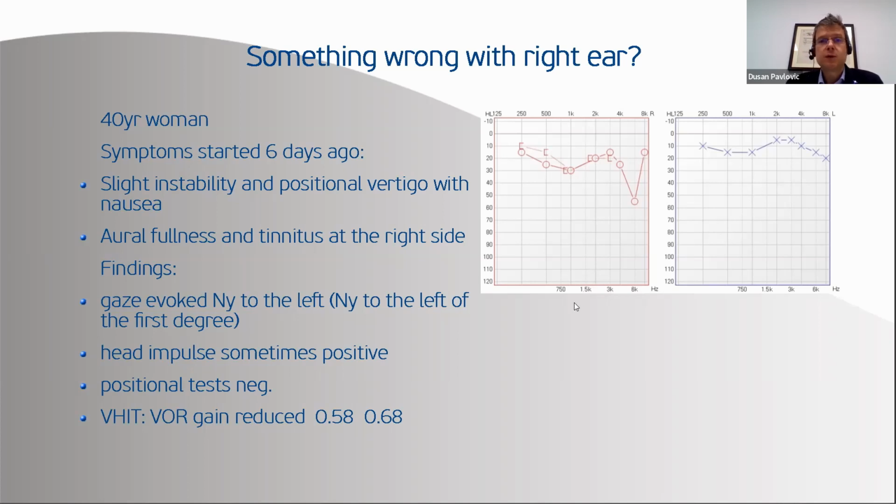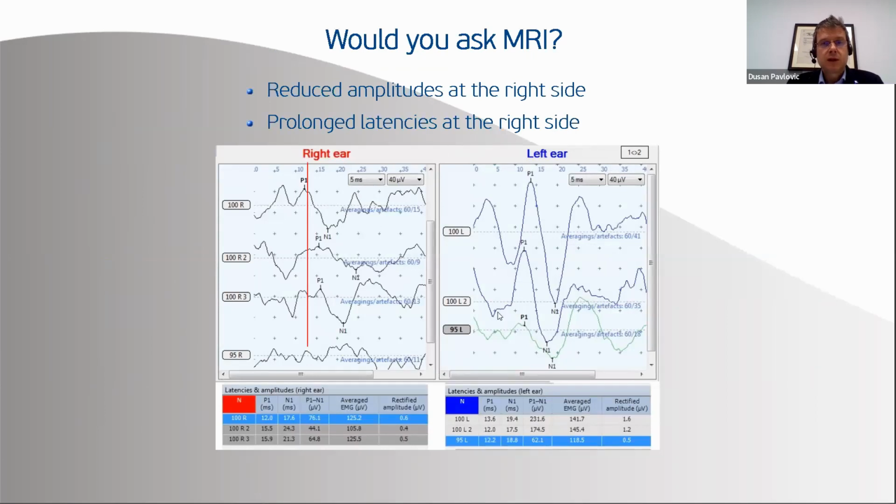And what when we do VEMPs in that patient? Normal response at the left ear, but look at the right ear. First trace, the amplitude is less than on the left side, but with normal latencies. But later on, the second and third measurements demonstrated the latency lag, while on the left side the amplitude and latency are always pretty much the same, in the normal values.